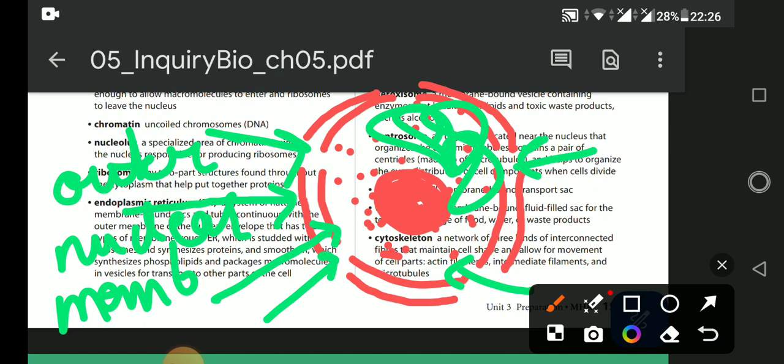Like I just told you that RNA is formed from the DNA inside the nucleus, and then this RNA needs to come out of the nucleus into the cytoplasm so that it can help in protein formation. So RNA will come out of the nucleus through the nuclear pores only, right?